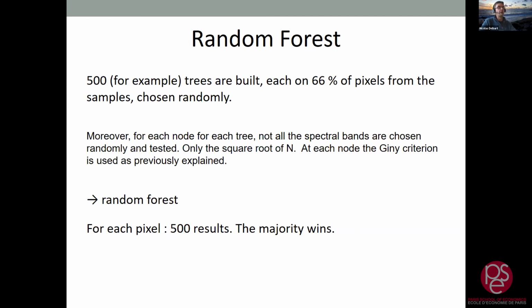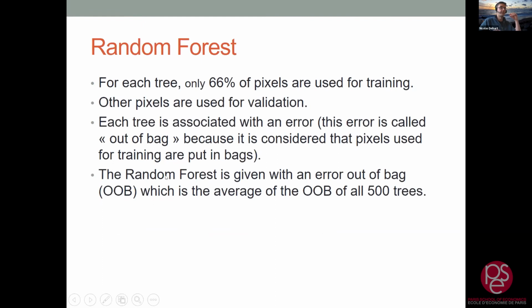Because it is classified as a forest 300 times, which is more than 100 and 100, it will be classified as a forest, which means that the majority wins for each of the pixels. So this is how the overfitting issue is solved.